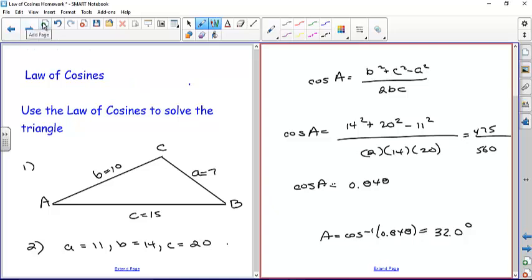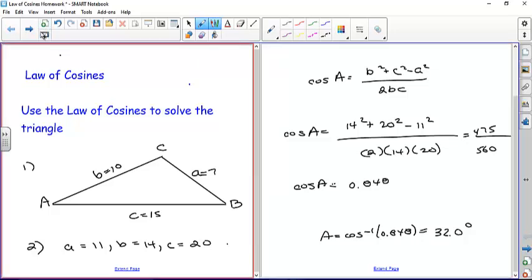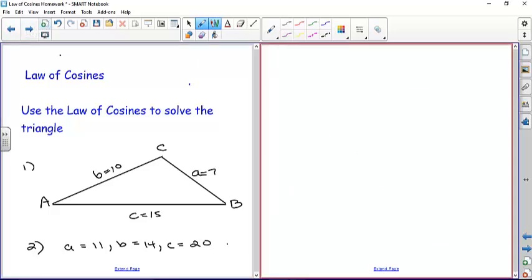So again, we could use either the law of sines or the law of cosines. I'm just going to use the law of cosines again, and I'm going to use the alternate form. So you get the cosine of B is A squared plus C squared minus B squared over 2AC.